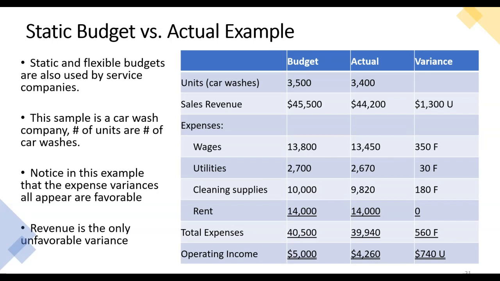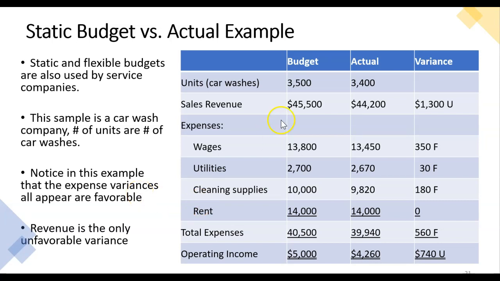A favorable variance is if your actual revenue is more than your budgeted revenue, or if your actual expenses are less than your budgeted expenses. So there is a section in week 2 where there's a link to an article that talks about variances in much more detail. So you definitely want to read through that.